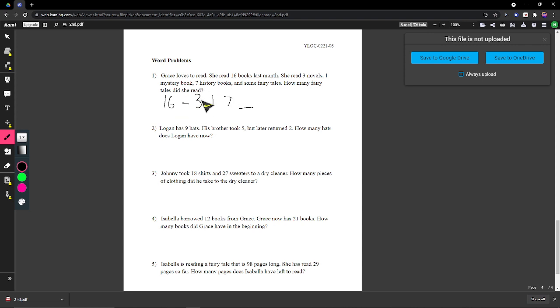You can set up your equation like this. So 16 minus 3 is 13. And then 13 minus 1 is equal to 12. And 12 minus 7 is equal to 5. So you would get 5 here. And in context, you would say 5 fairy tales.